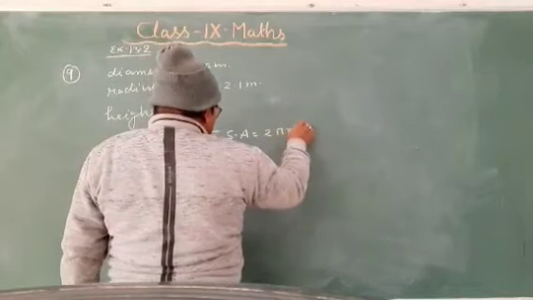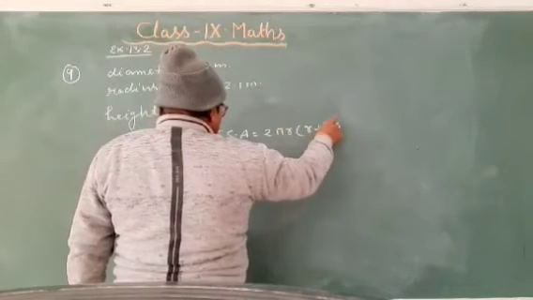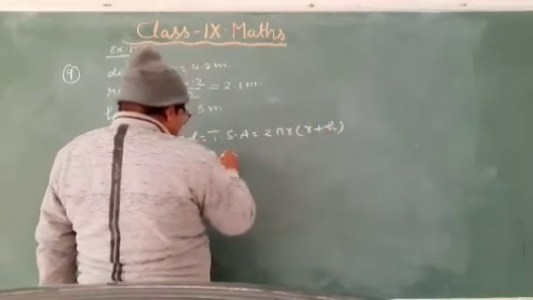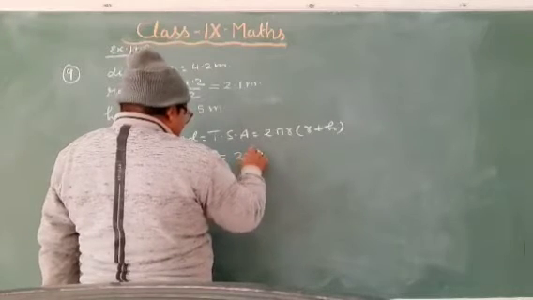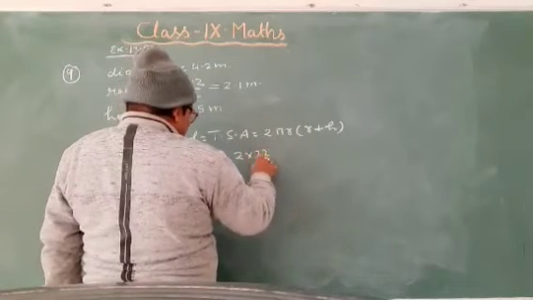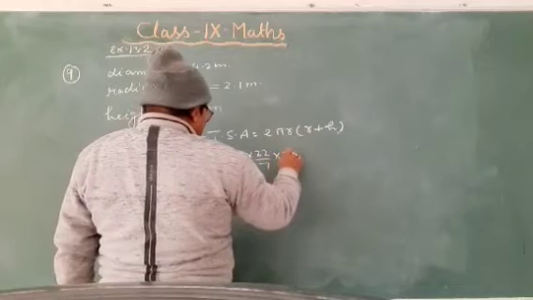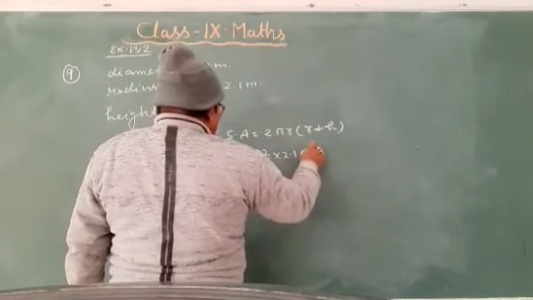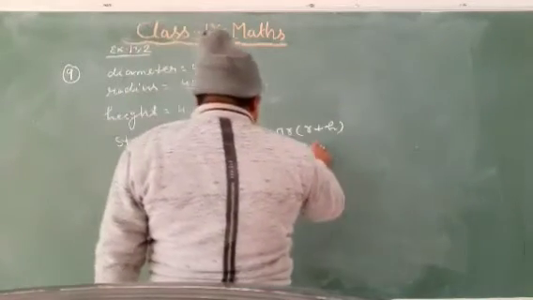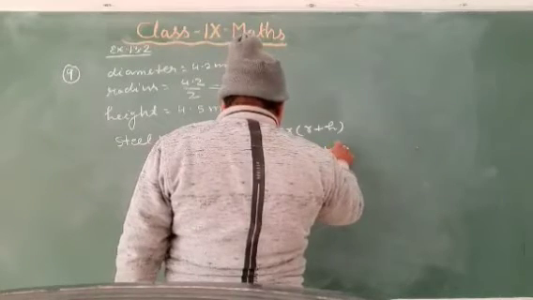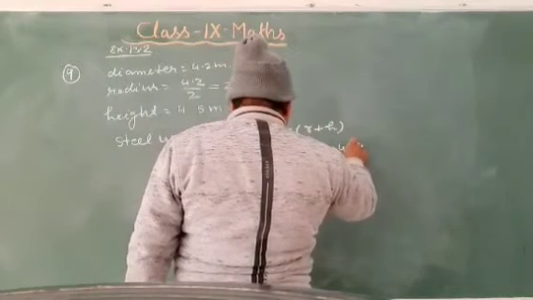2 pi r (r plus h), that's equal to 2 pi r (r plus h), 2.1 plus 4.5.